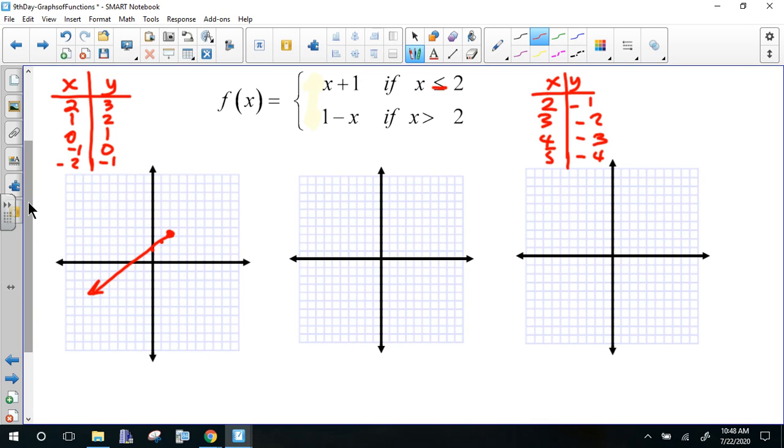And my graph is really off here. All right, 2, negative 1, right around there. And then I'm going to plot the other points. 3, negative 2, right about there. 4, negative 3, right about there. It's going to go down from there. So that's what a piecewise function looks like and how you graph it.